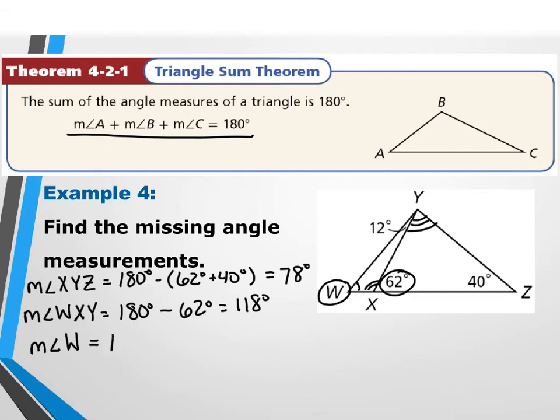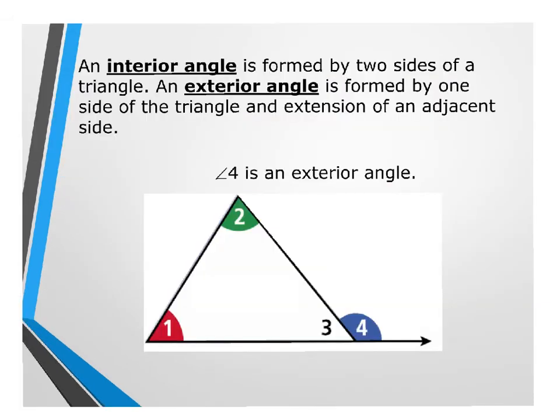So, 180 degrees minus our WXY angle measurement, 118, and our little bitty measurement of 12 degrees, and we have a 50-degree measurement for that angle. And we're done. Let's find another example.